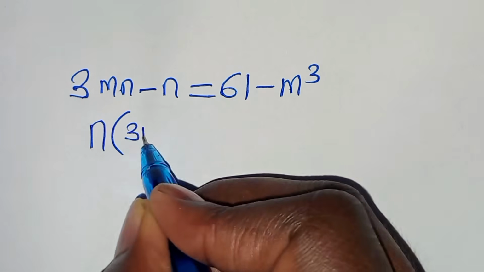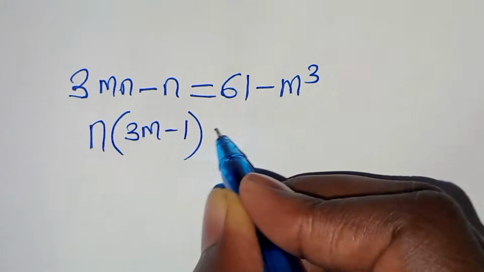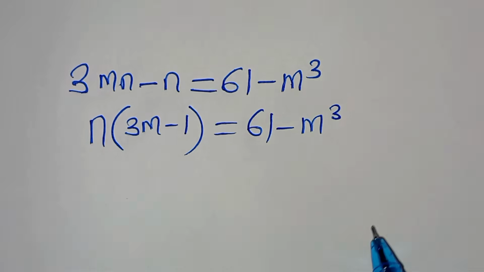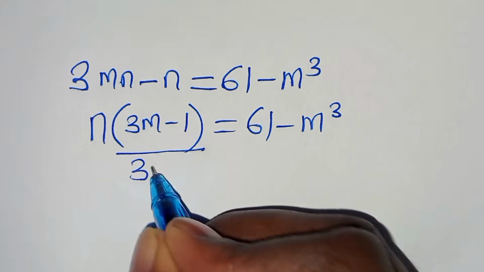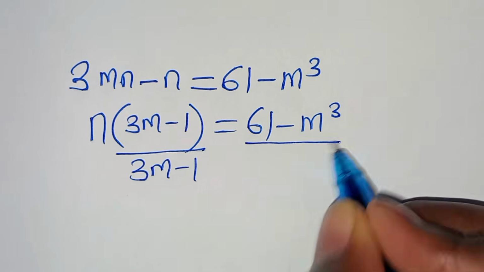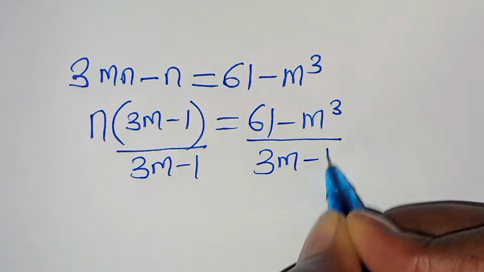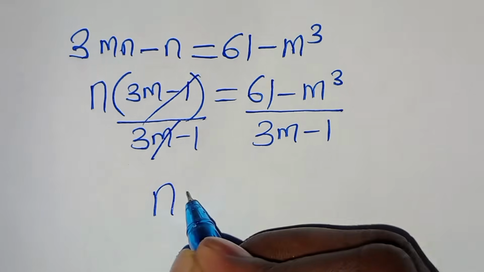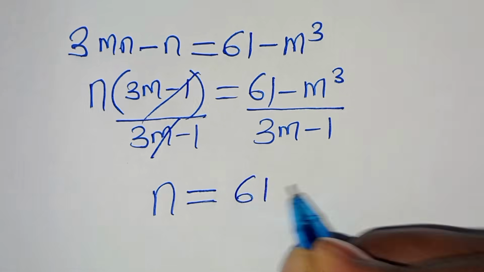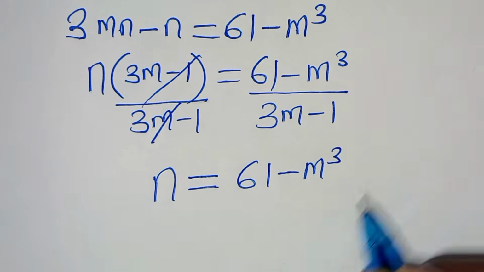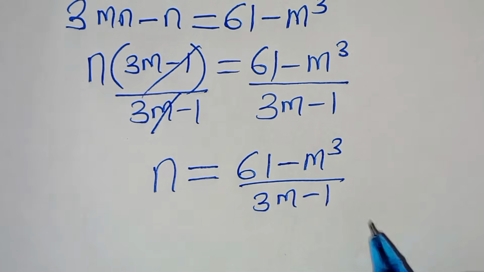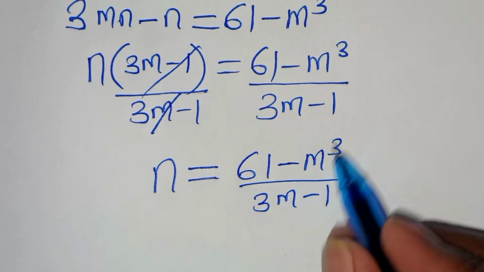So this is n times (3m minus 1) equal to 61 minus m to the power of 3. Let's divide both sides by 3m minus 1, so we can simplify so that n is equal to (61 minus m to the power of 3) divided by (3m minus 1).